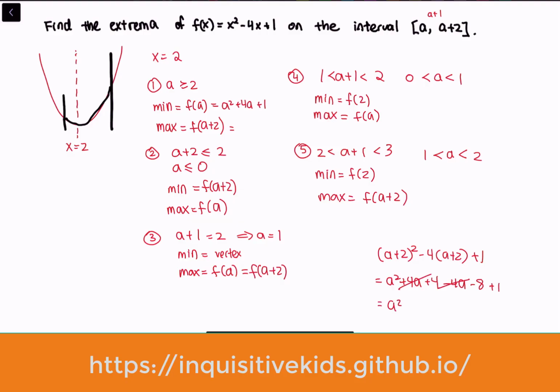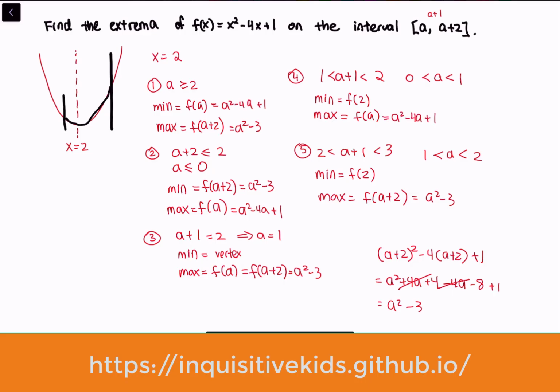This is equal to a squared minus 3. Now, everywhere we see an f of a plus 2, that's equal to a squared minus 3. And everywhere we see an f of a, that's equal to a squared plus 4a plus 1. Oh, I'm sorry, it's supposed to be minus 4a.